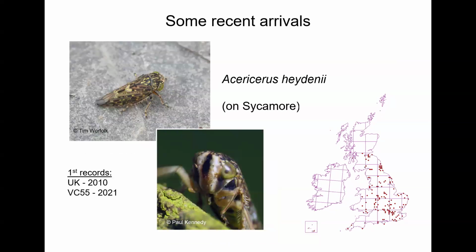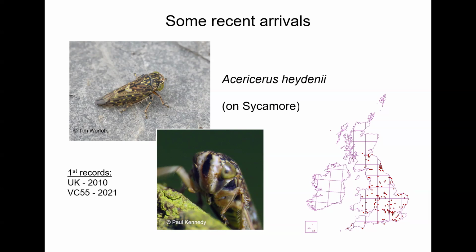Then we move on to some of the more interesting recent arrivals, in other words, new species to Britain. This one is probably one of the most spectacular in terms of success. This was first recorded in the London area in 2010, but in the short time since then, 15 years, as you can see, it spread right up through the country and has now got as far as the central belt of Scotland.